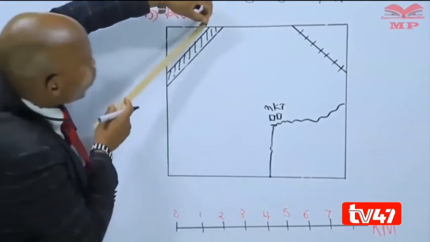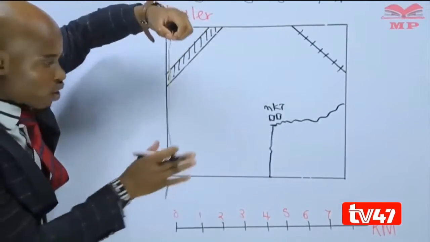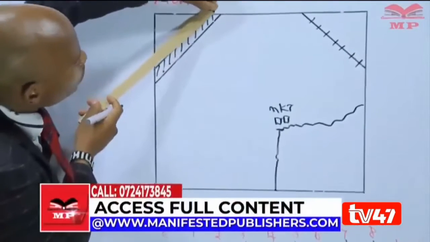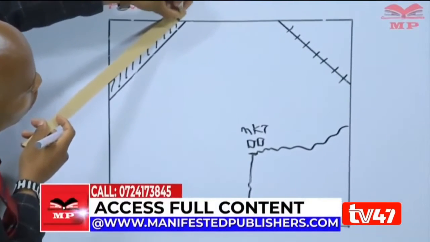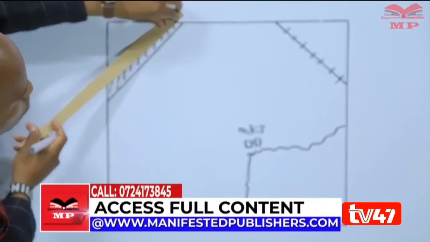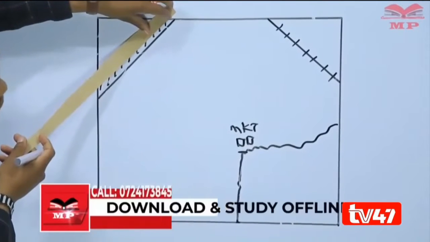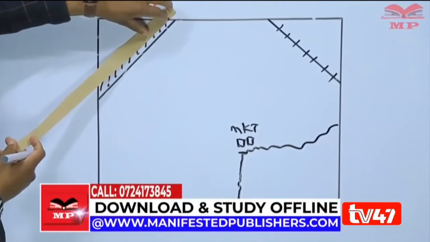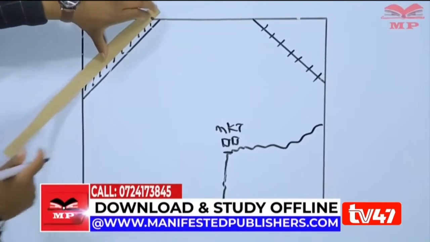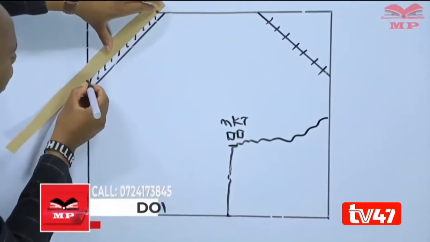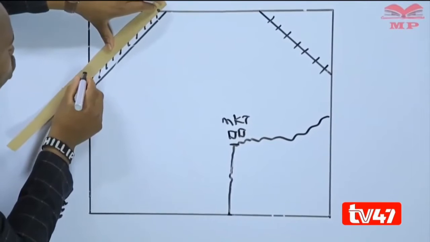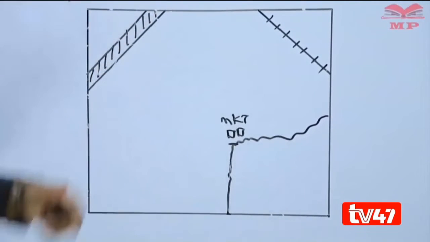Then, if you are getting the edge of the road, you make sure that marked point is where that road starts, up to where that road ends, and you mark it as point B.